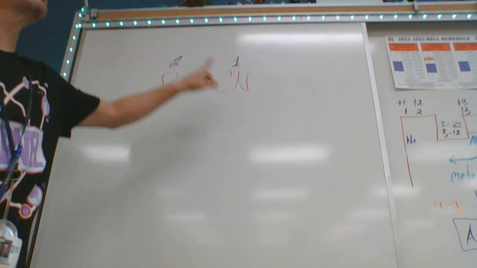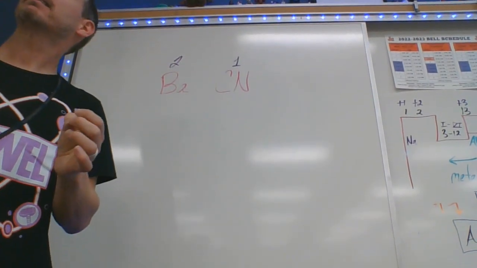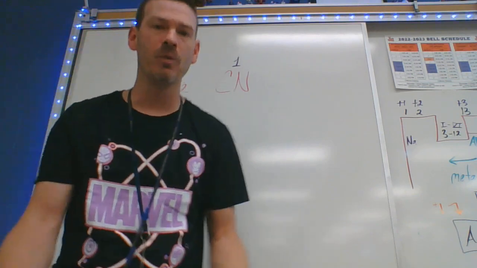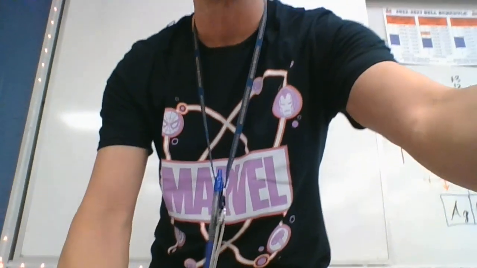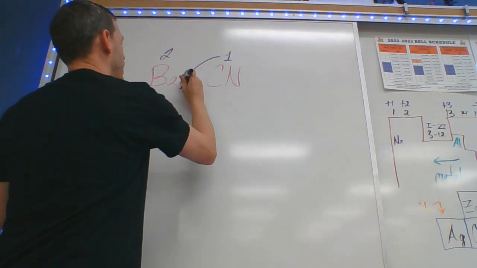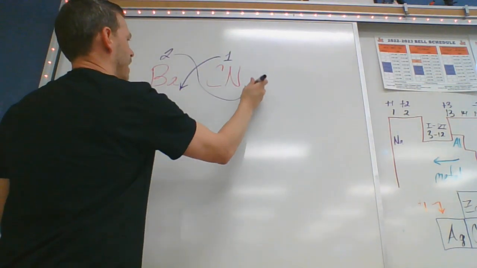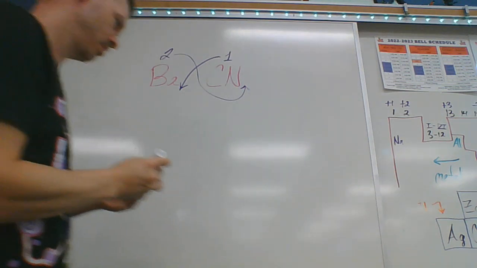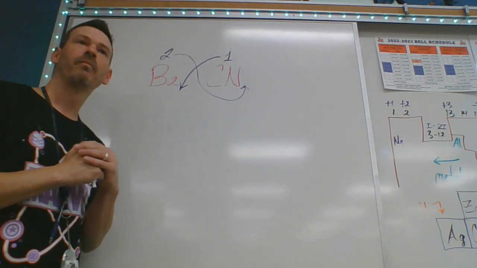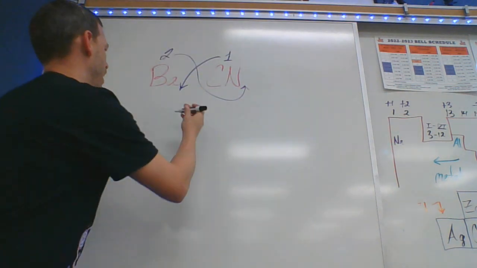Can I cross these purple numbers as is? Yes, they can't be reduced. 2 to 1 cannot be reduced to any simpler whole numbers. So cross them. That goes there, and that goes there. So what's the answer? How do I write it?